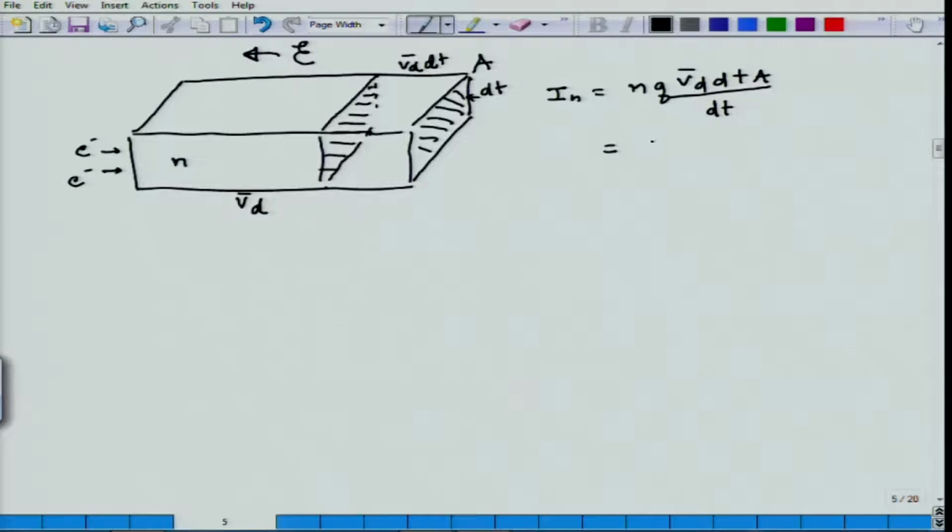So, my current due to the electrons can be thought of as n q V d A, and if I am talking about current density, this is nothing but n q V d.